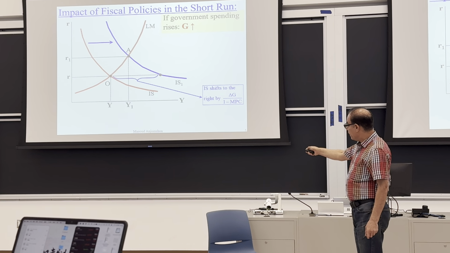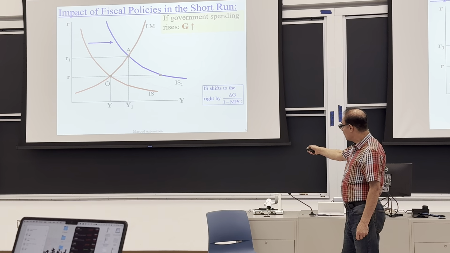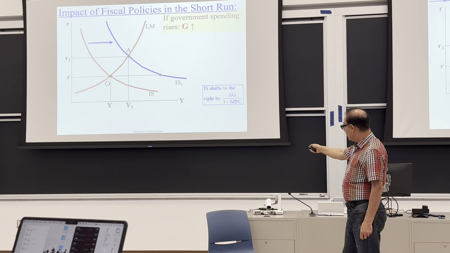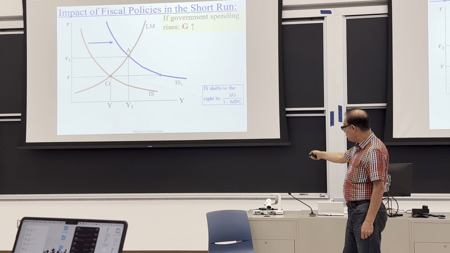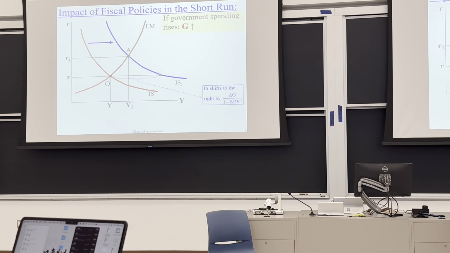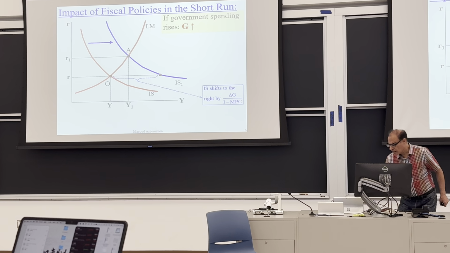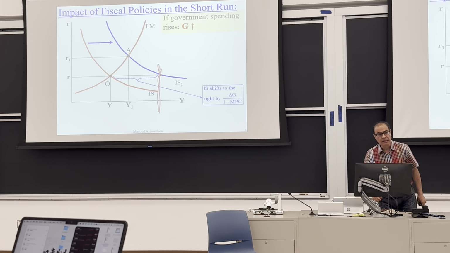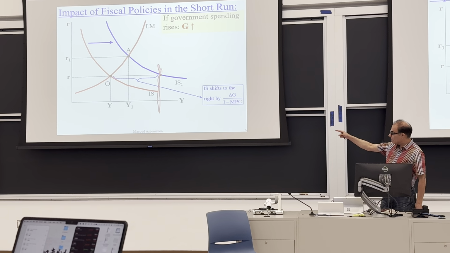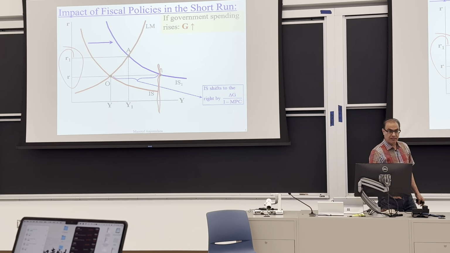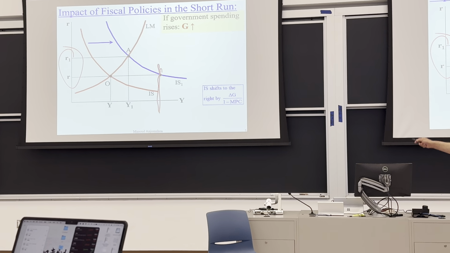Okay, you see, if you keep the interest rate fixed, that represents an increase in output this much. Can you see it here? See? This much. However, when there is a feedback from the money market to the goods market, the interest rate is changing, and that multiplier doesn't hold anymore.